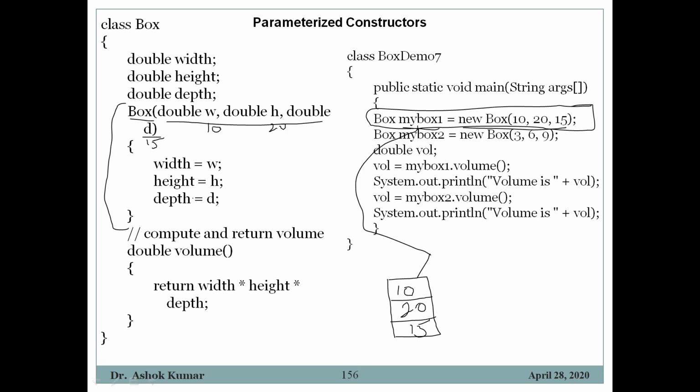This we will discuss in more detail in the coming classes also, right? So if there is no default constructor or non-parameterized constructor that you have implemented in your class, in that case Java provides this default constructor, a non-parameterized constructor, and that constructor will assign some initial values to the instance variables of the object.